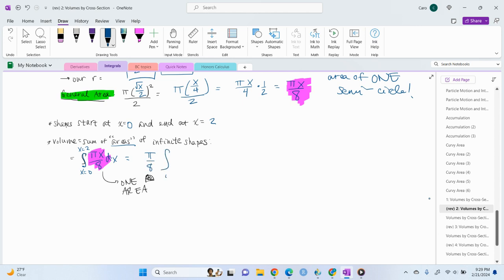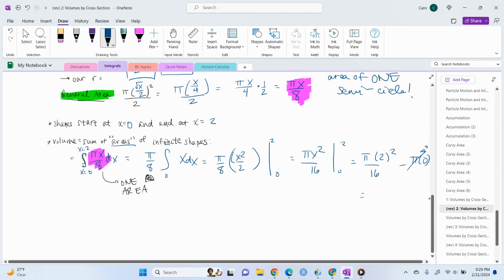Don't ever forget your antiderivative skills. I'm going to take out the constant, so then it's just x dx. An antiderivative of x is x squared over 2. Vertical bar notation, people, from 0 to 2. So then I have pi x squared over 16 from 0 to 2. That's pi times 2 squared over 16 minus pi times 0.